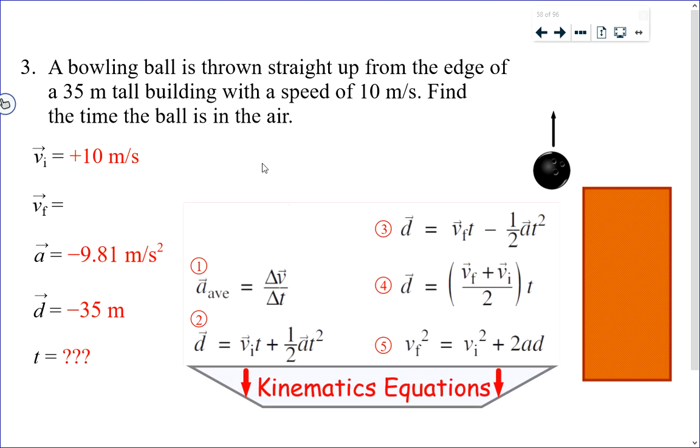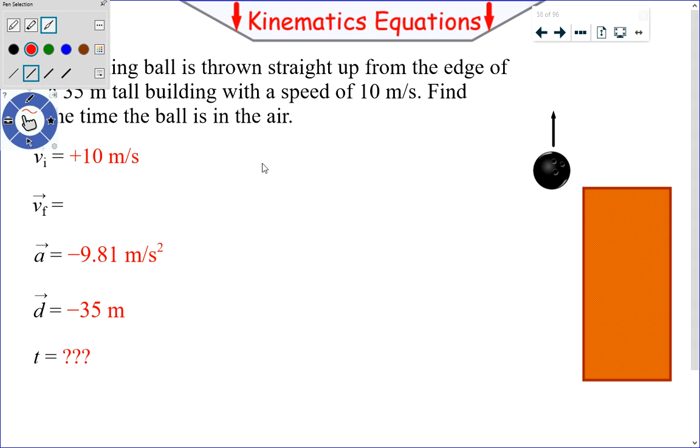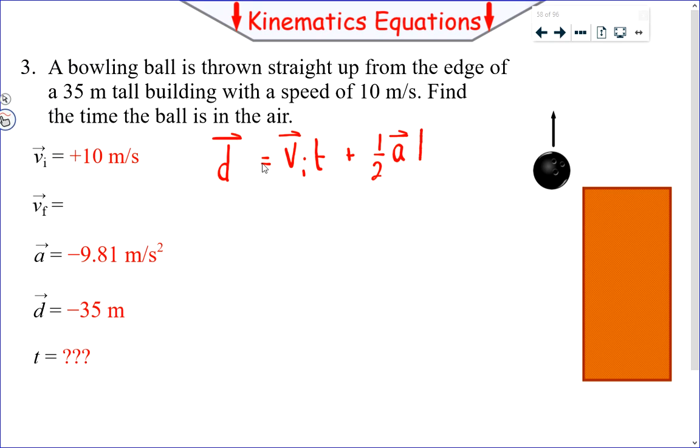You whittle it down to the fact that you have to use formula number 2: displacement equals velocity initial times time plus 1/2 times the acceleration times time squared. So we can write that down. Displacement equals VI multiplied by t plus 1/2 times a times t squared.